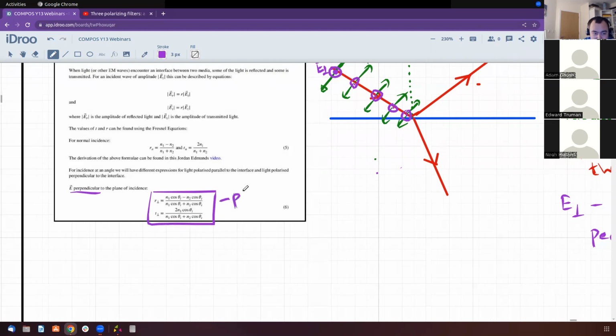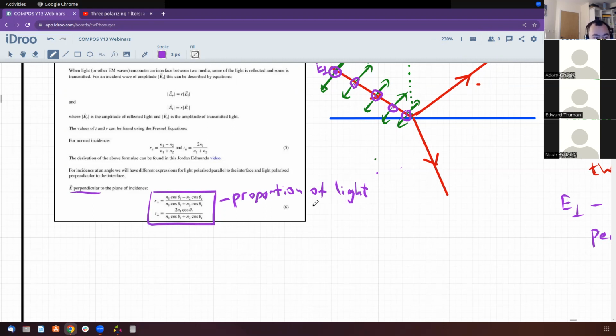So proportion of light transmitted. Now it's important to understand it's a proportion of the amplitude transmitted.